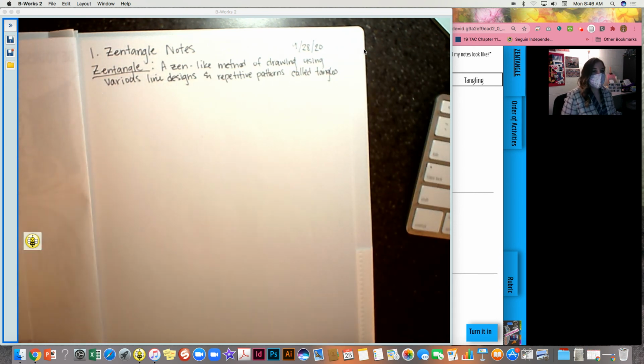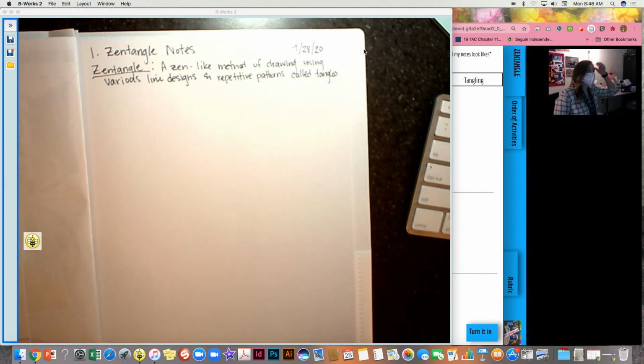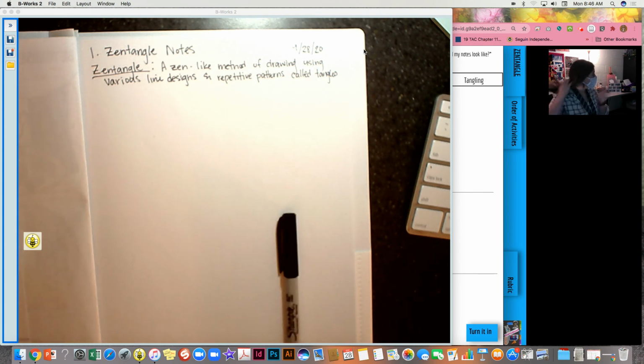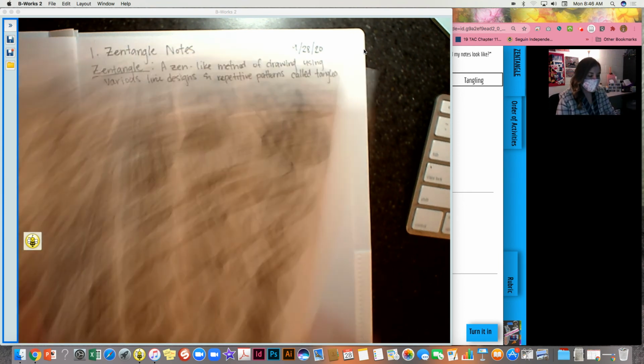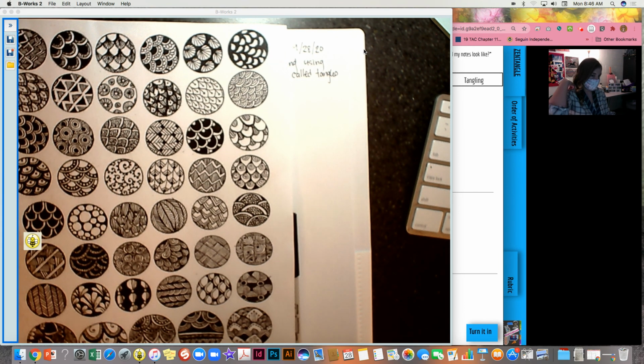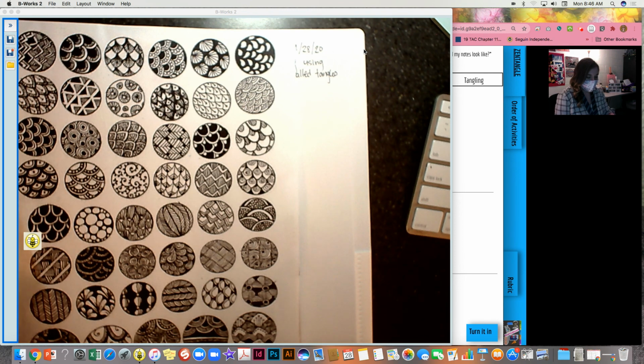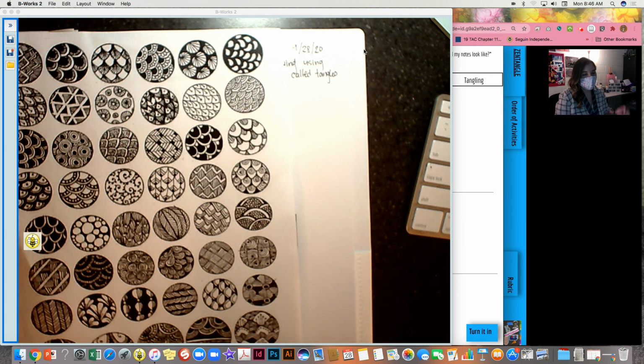Okay? Zentangle is, when I say Zen-like, a method of drawing that's unplanned, and you're using these different patterns and designs that can be pretty simple or they can be very complex. It's up to you. I'd like a little bit of a hint of complexity.